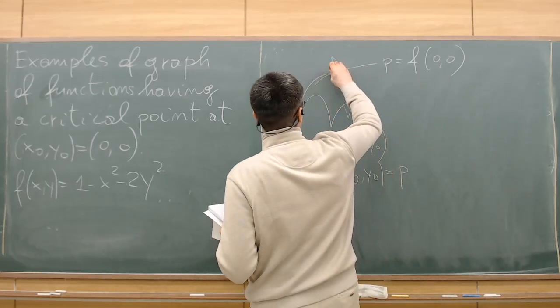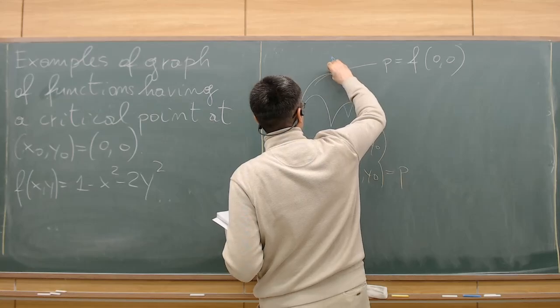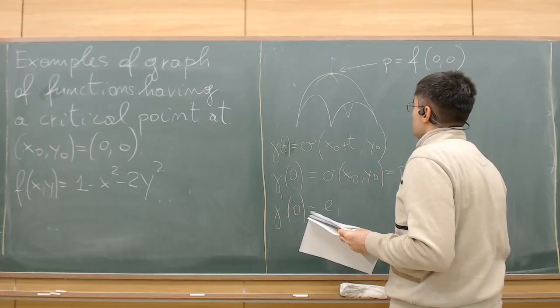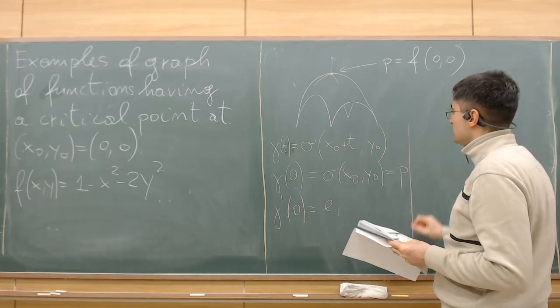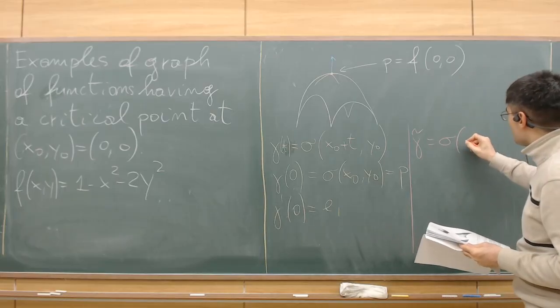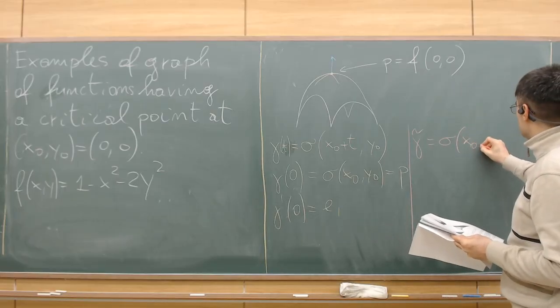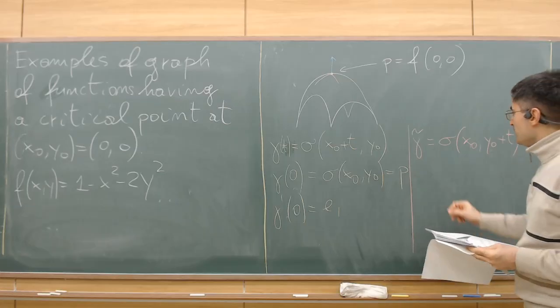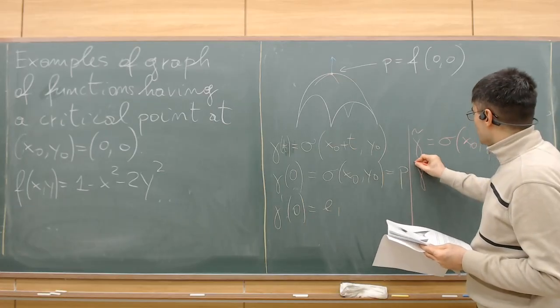Instead, in red color, I will mark the curve gamma tilde equal sigma of x0, y0 plus t. This curve has the following properties.